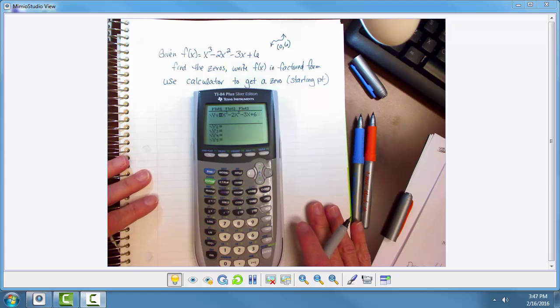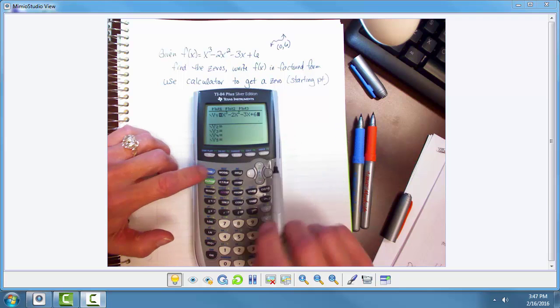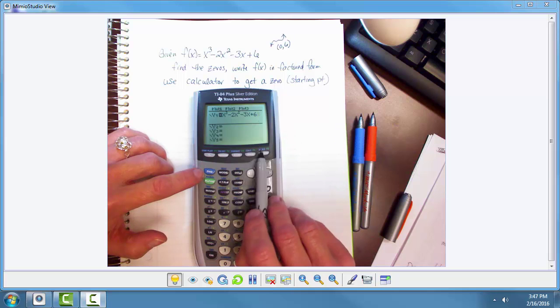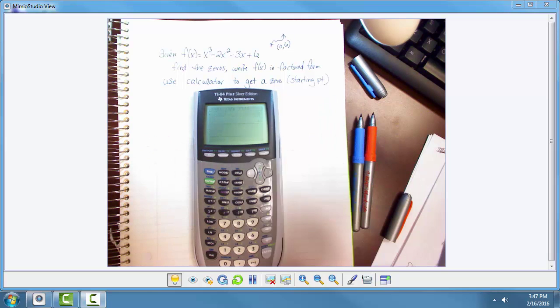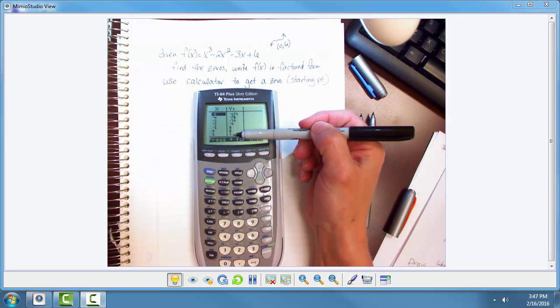Okay, to get a starting point, put this in the calculator and go to second table. All right, so what we're looking for is a 0 in the y column. So use your arrows to go up and down until you see a 0 in the Y column.